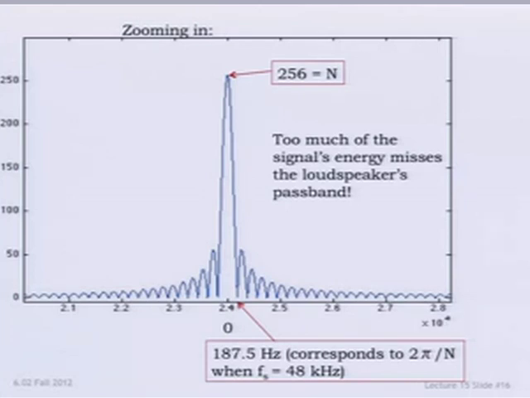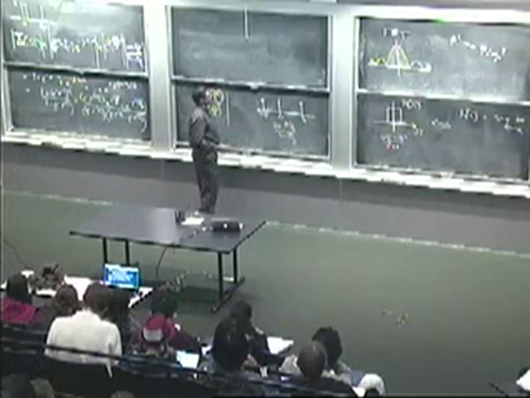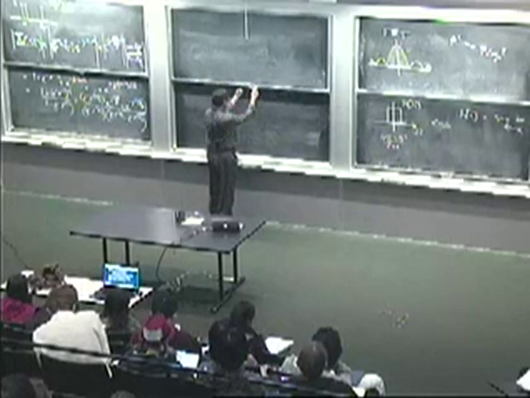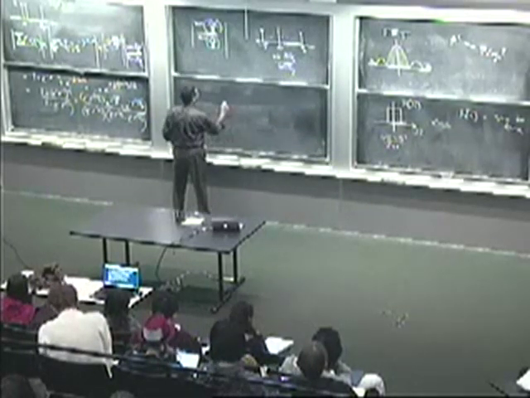Now, just as an experiment, before we get back to sending this across a loudspeaker, let's take a look at what happens if we send that rectangular pulse over a low-pass channel. So let's save the bandpass channel, which is a little more involved, for later, and just look at what happens if we send this pulse over a low-pass channel.